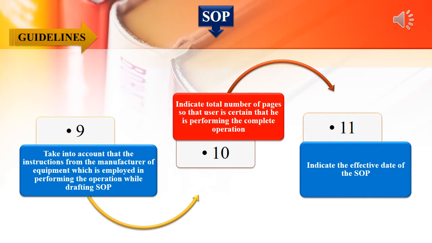Indicate the total number of pages so that the user is certain that he is performing the complete operation. And lastly, indicate the effective date of the SOP. So these are all the 11 important guidelines to prepare a standard operating procedure for an equipment.